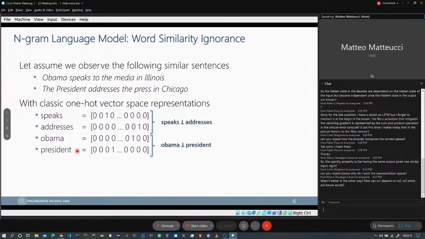At least we are sure about that. And Illinois and Chicago should be somehow similar. But in the one-hot encoding, which is basically the same encoding as in the n-gram language model, you still ignore the similarity between words.